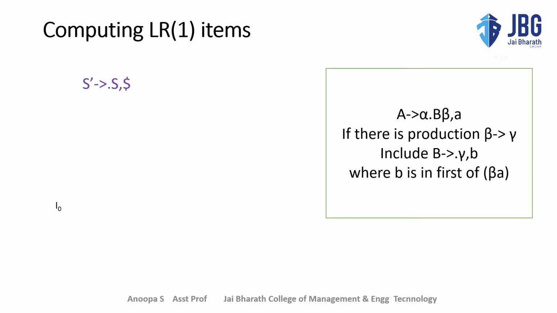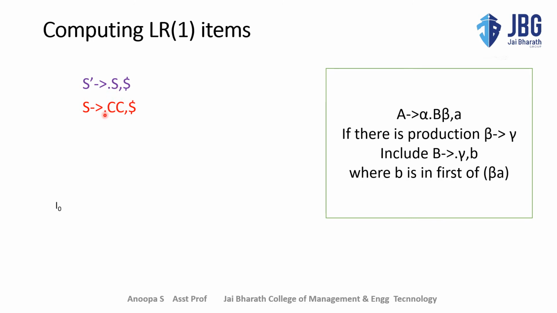Since there is capital S after the dot, you have to include the production containing S. So I have included the production S giving dot CC. Now, how did this dollar come?